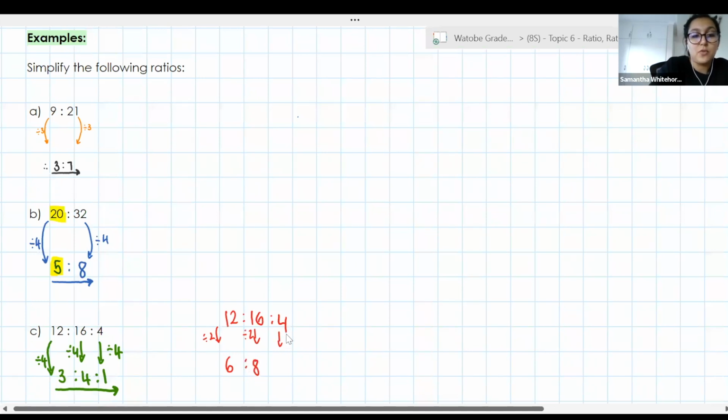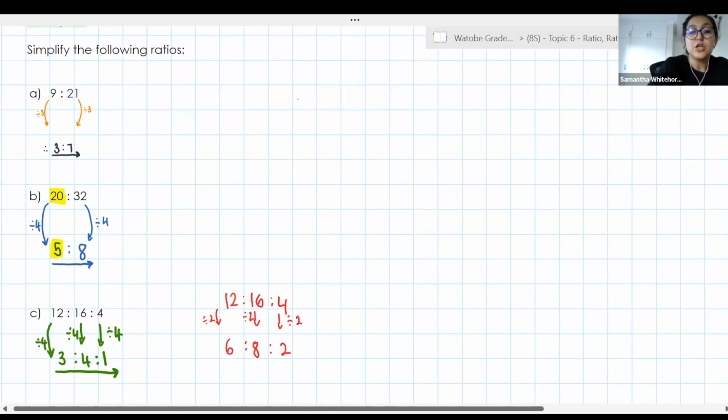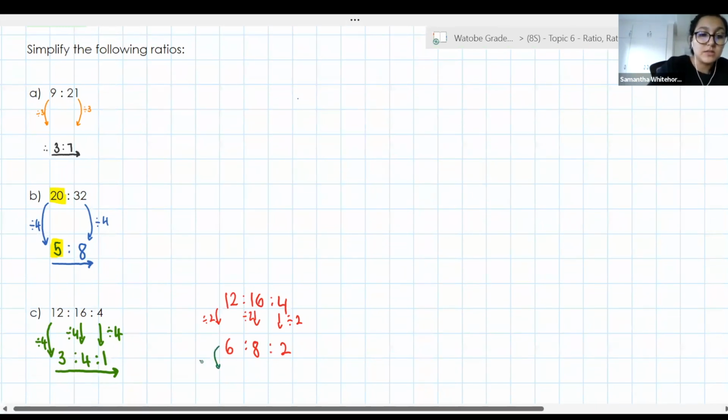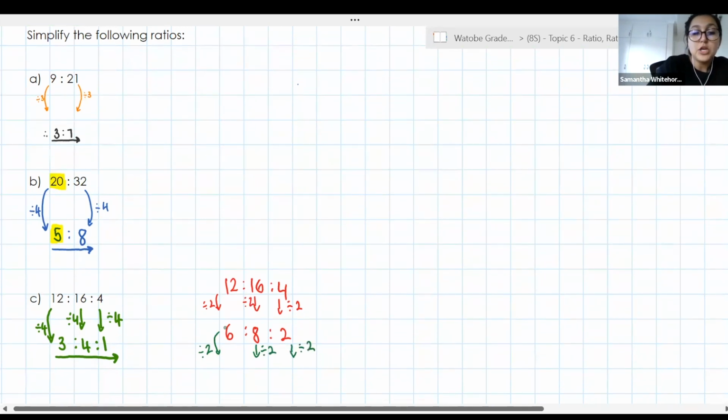And we divide 4 by 2 to give us 2. Whilst not wrong, you have not fully simplified, because these can all still be divided by 2 again. And you have to keep going until you can't anymore. So 6 divided by 2 is 3. Gabby, I hope you're listening because I'm explaining why we need to simplify this. 8 divided by 2 is 4.